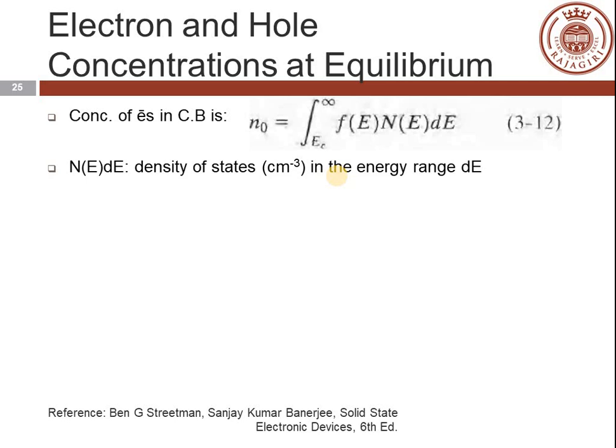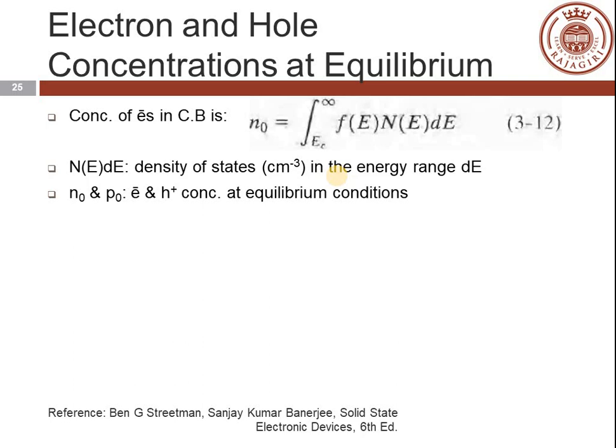We are having a large energy range from EC to infinity, in which we are considering a small energy range dE. So in that small energy range, what is the density of states available? That means how many electrons or how many holes can be occupied, which is termed as n of E dE.